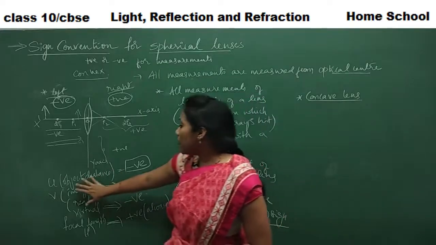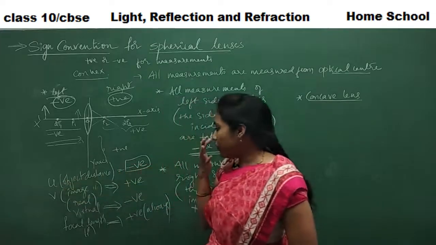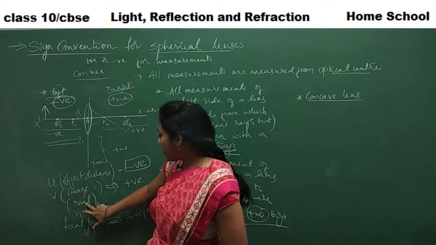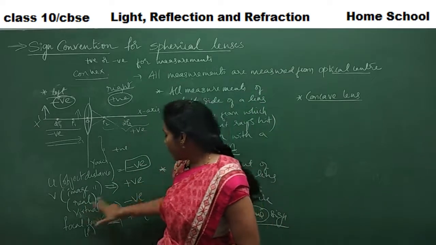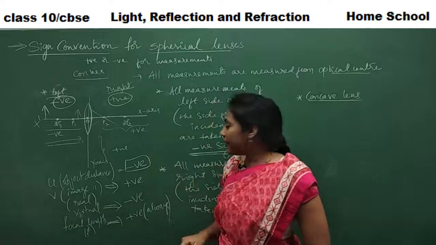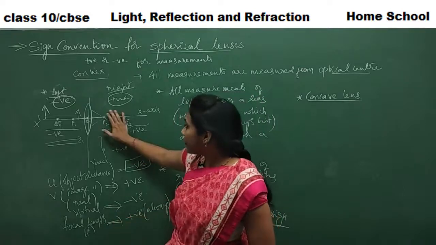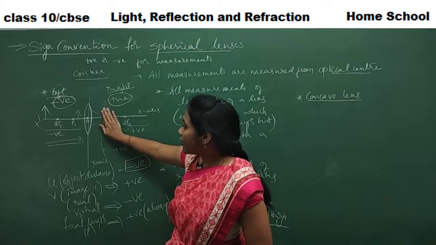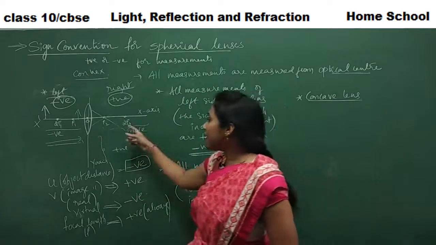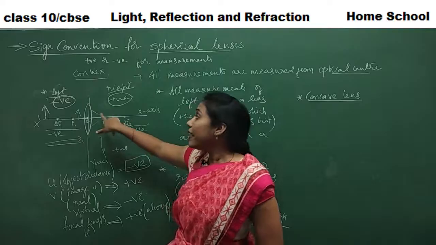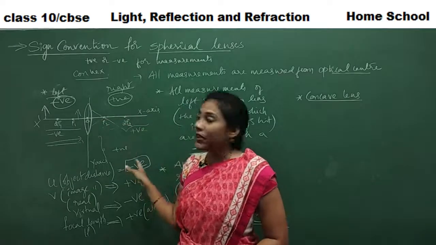See, object distance is always negative. Image, if it is a real image, you will get a positive value. If it is a virtual image, you will get a negative value. But the focal length, this focal point we consider this side, so it's always a positive value. You have to consider the focus point where the refracted rays are meeting.